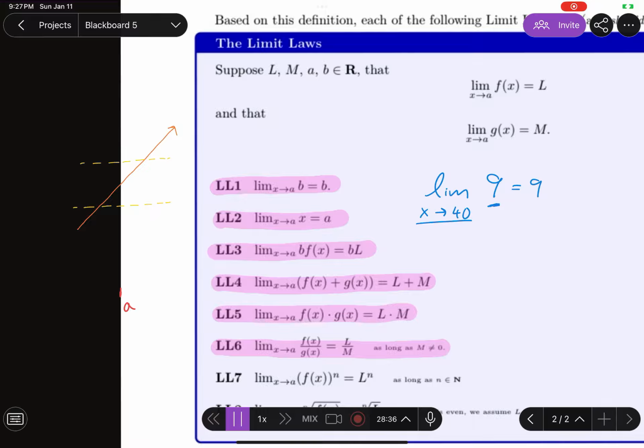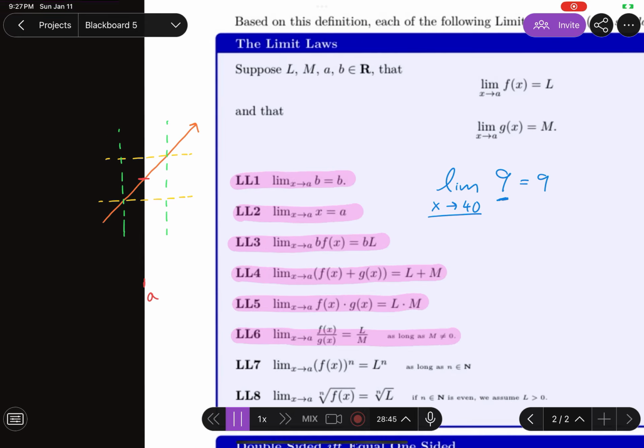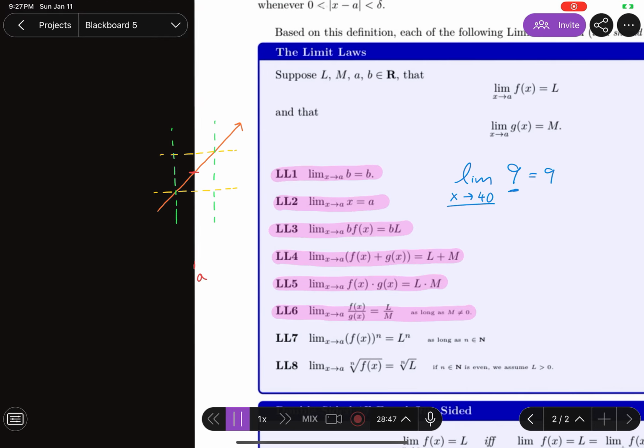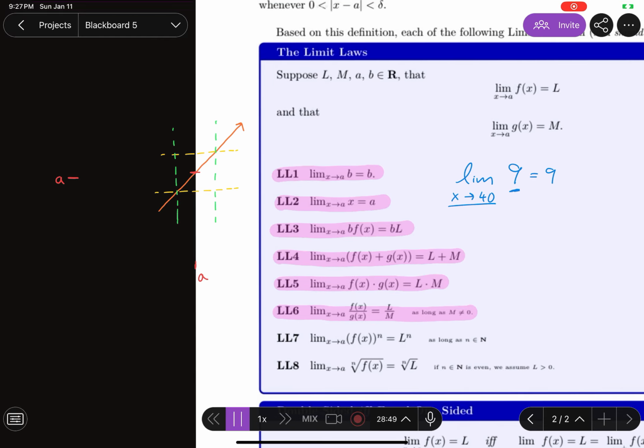All I have to do is create a perfect box. This value right here would also be a, except on the y-axis, because this has a slope of 1. So this distance right here is epsilon. This distance right here is epsilon. And we make a perfect square, so the delta in response to any epsilon is going to be epsilon. Anyway, that's a rundown of the proof for that one.